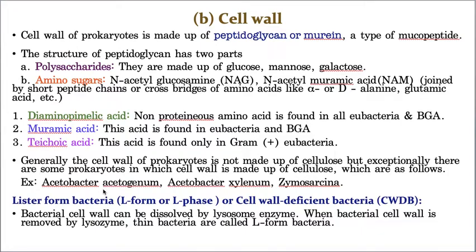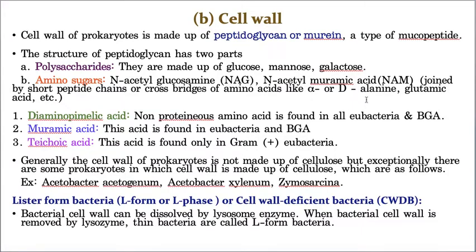These are the two amino sugars present in the peptidoglycan, and these amino sugars NAG and NAM are joined by short peptide chains or cross bridges of amino acids, and those amino acids are alpha or D alanine or glutamic acid.